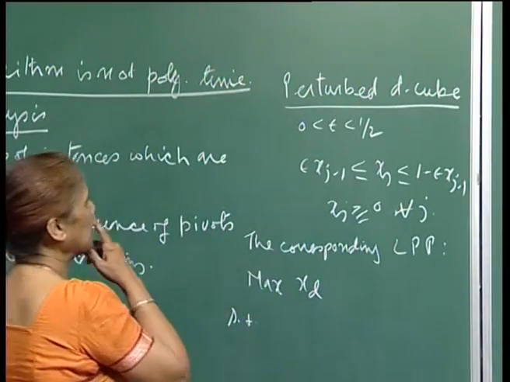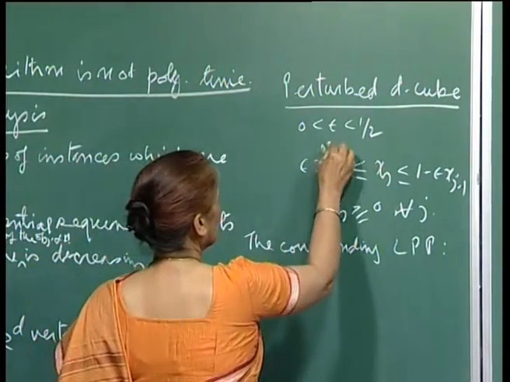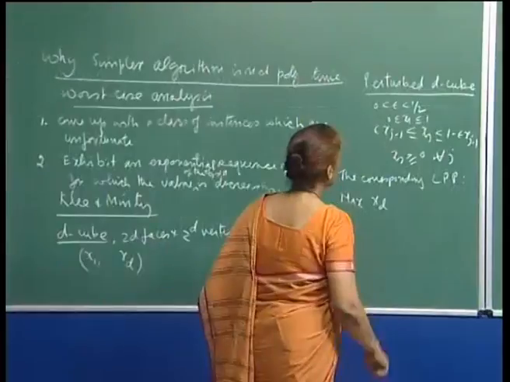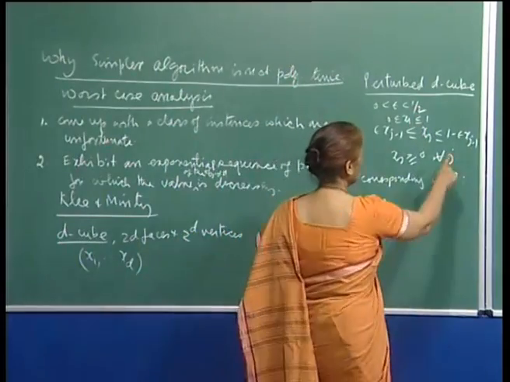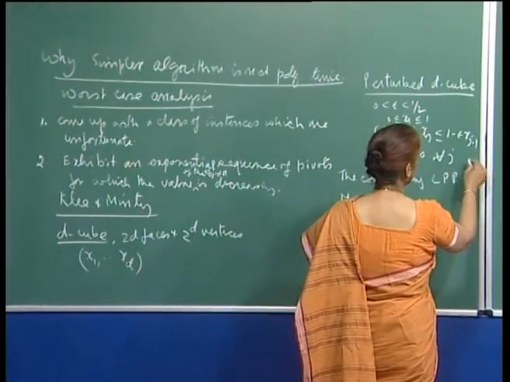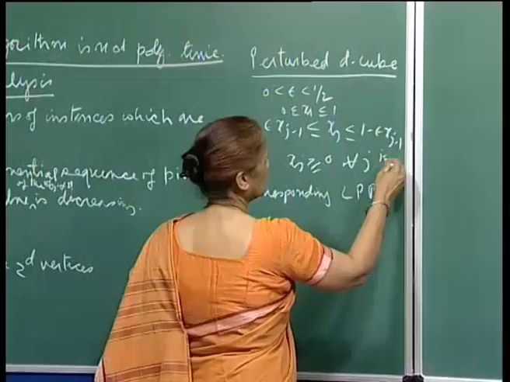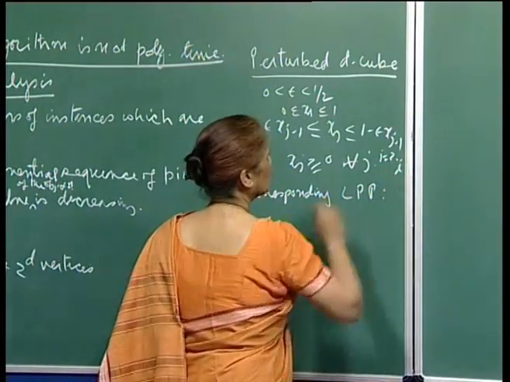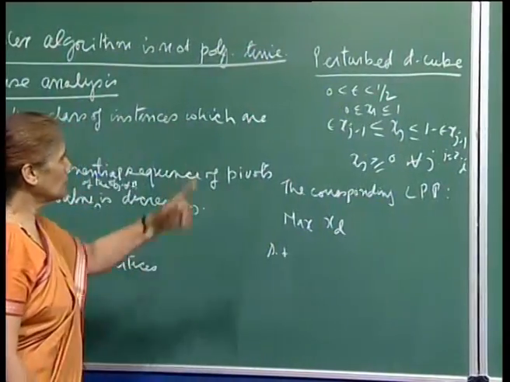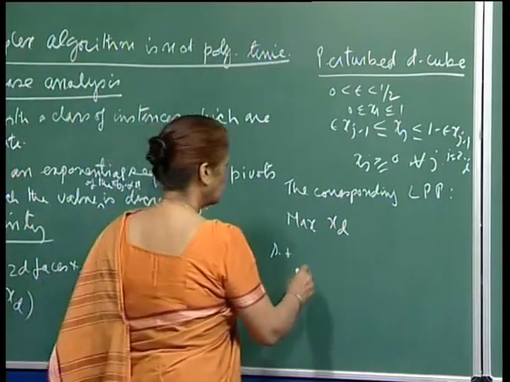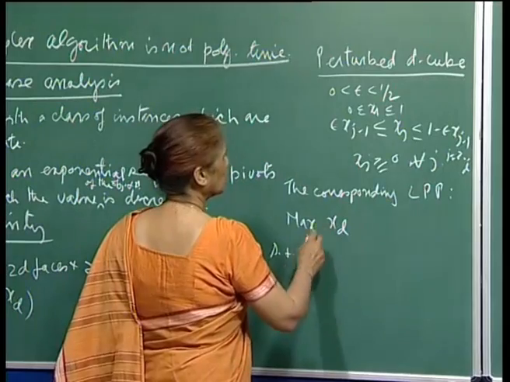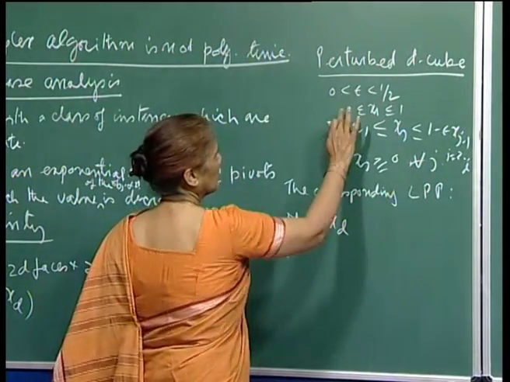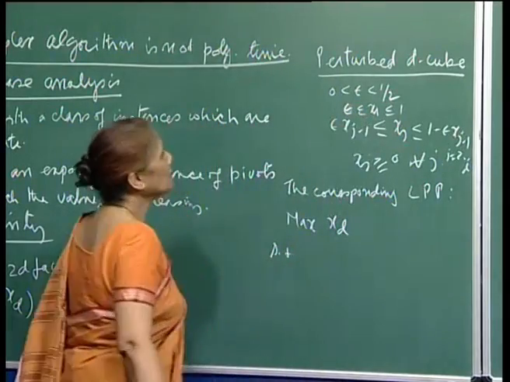Subject to 0 less than or equal to x_1 less than or equal to 1 for x_1, and this holds for j varying from 2 to d. The constraints include x_1 greater than or equal to 0.